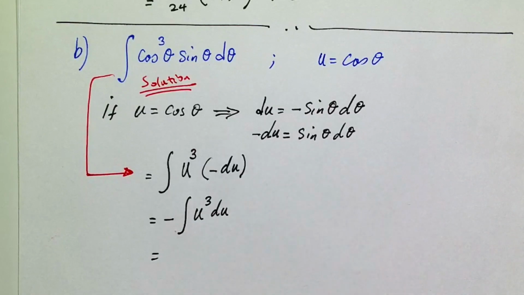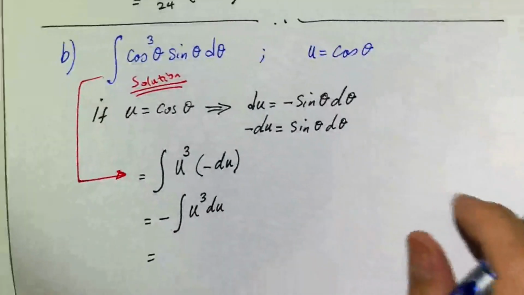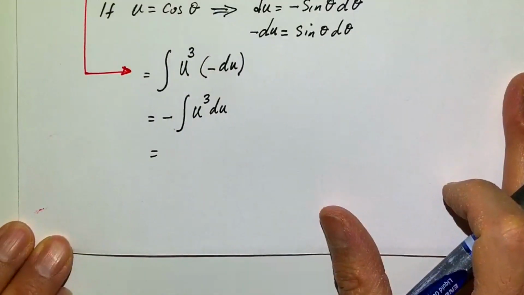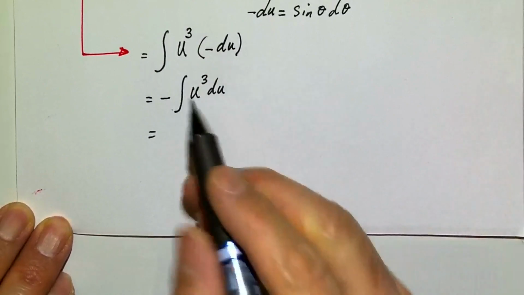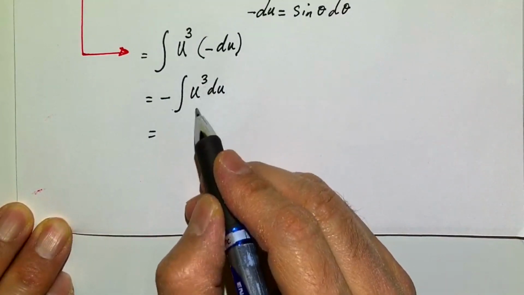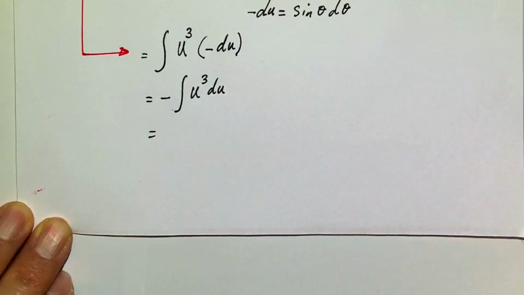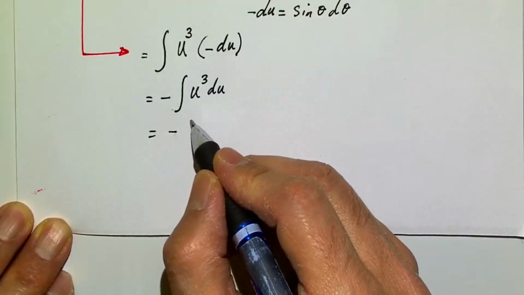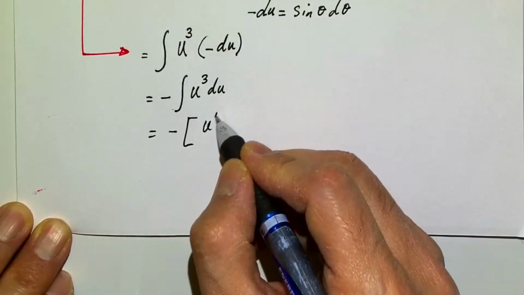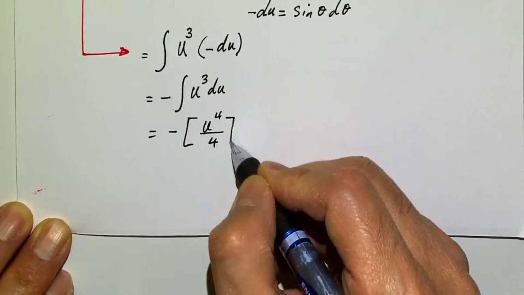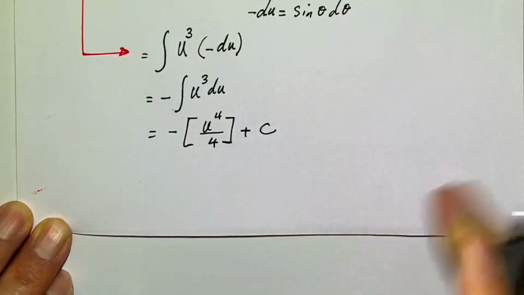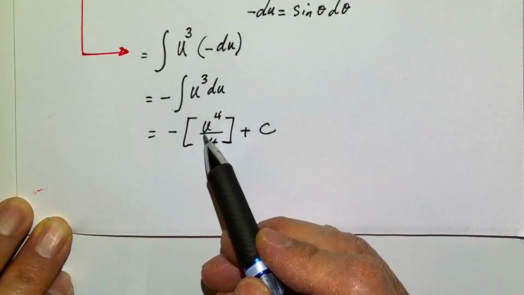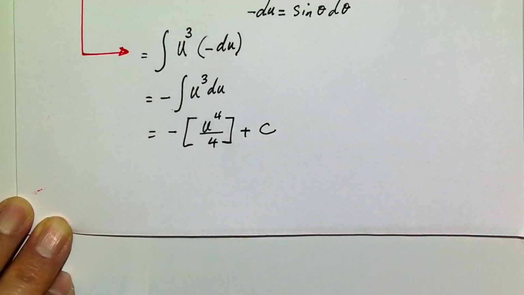So then we add 1 to this power, divide by the new power plus c, because this is an indefinite integral. So minus u to the 4th over 4 plus c. Now let's replace u, since we've already done the integration, right?